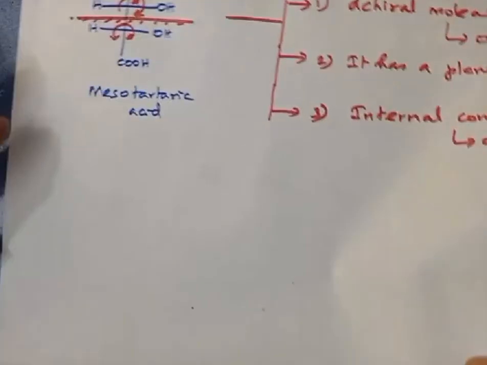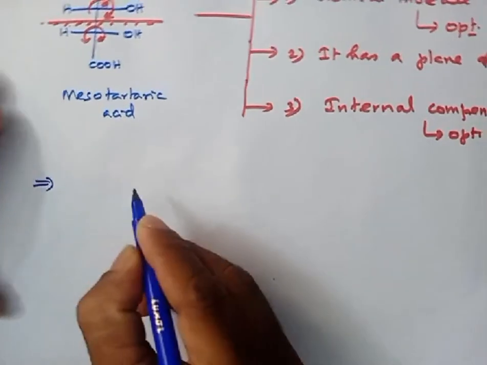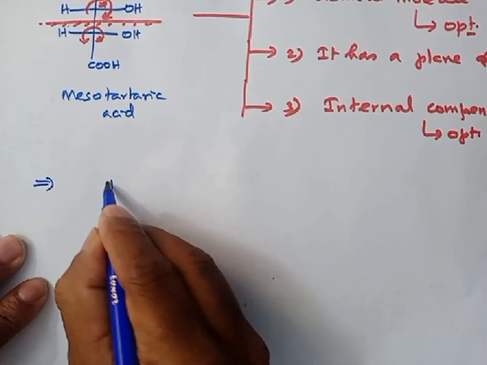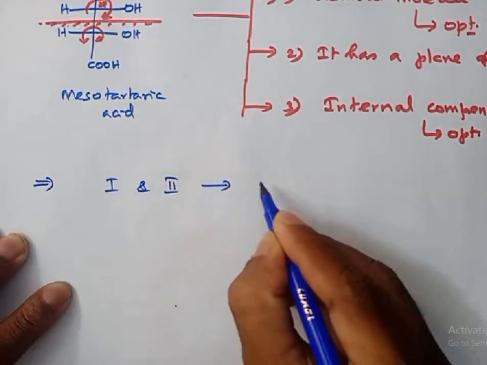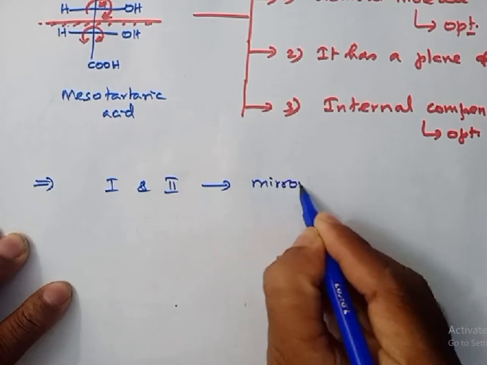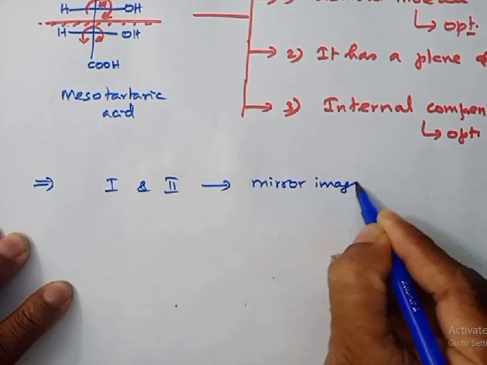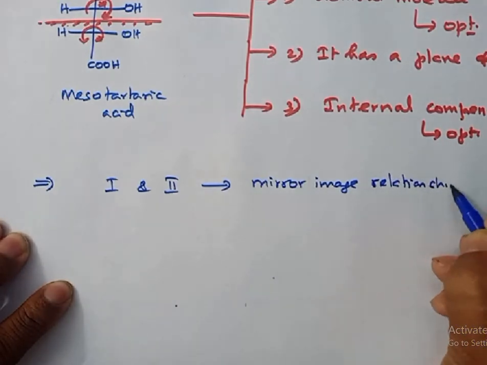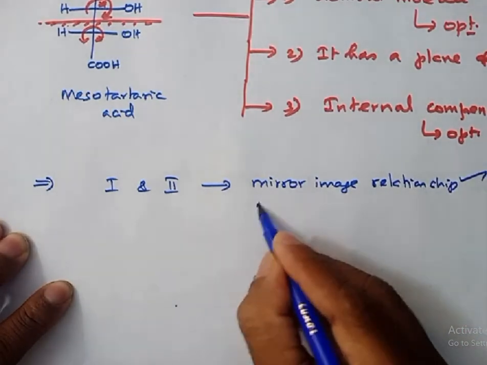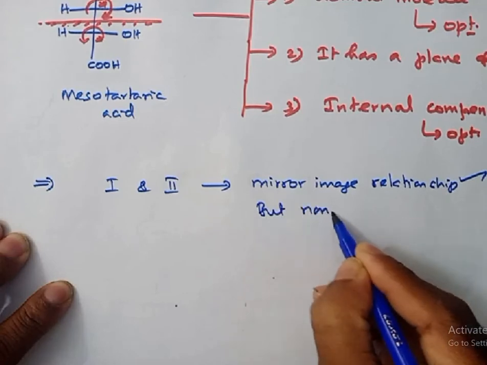So what does this indicate? It indicates that structure 1 and 2 have a mirror image relationship. One is the mirror image of the other, but non-superimposable.